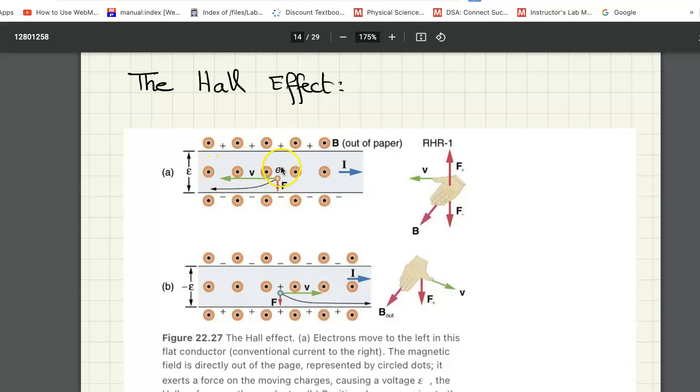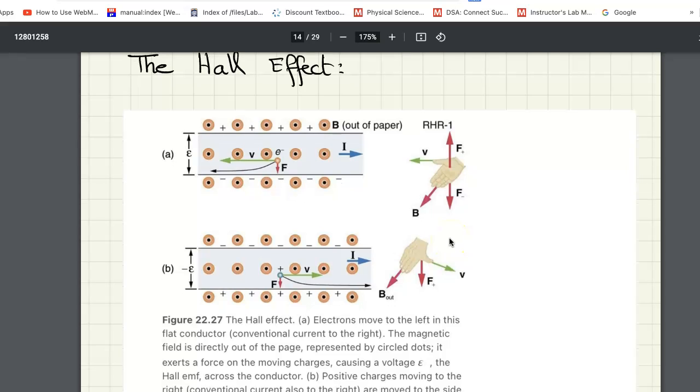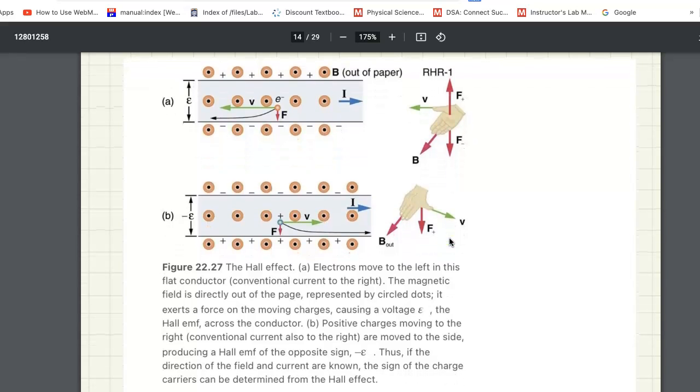Whenever we have a magnetic field and electrons inside that conductor, according to the right hand rule, a force is going to be exerted on the electrons, acting so that the electrons will move to the left in this flat conductor.